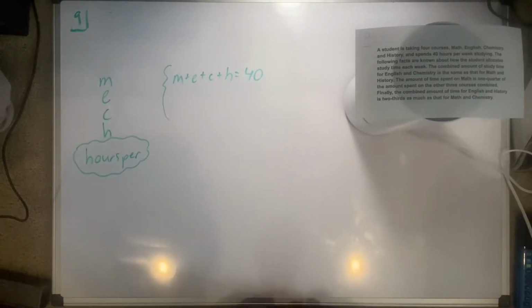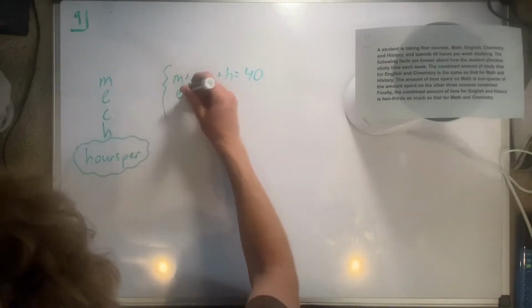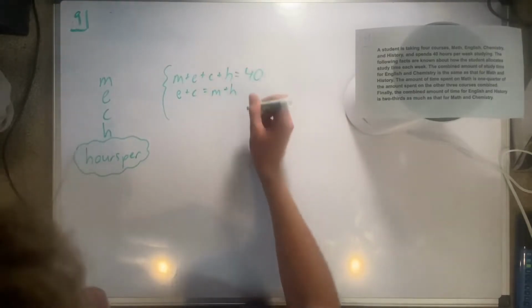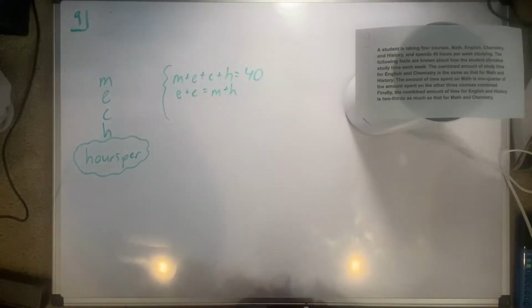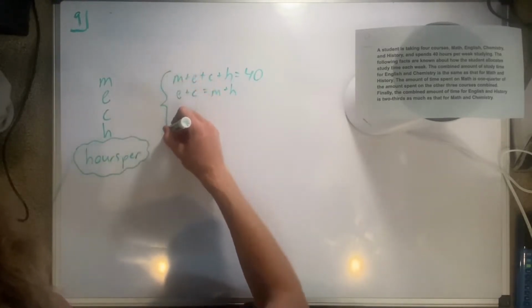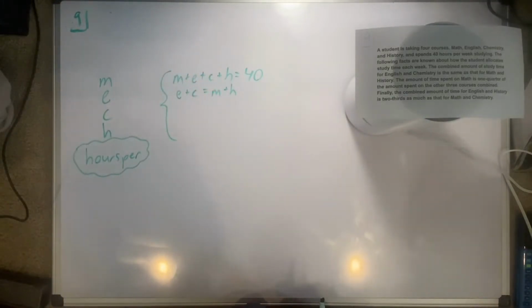So following facts are known. The combined amount of study time for English and chemistry is the same as that for math and history. So that means E plus C is equal to M plus H. So the amount of time spent on math is 1/4 the amount spent on all the other three courses combined.